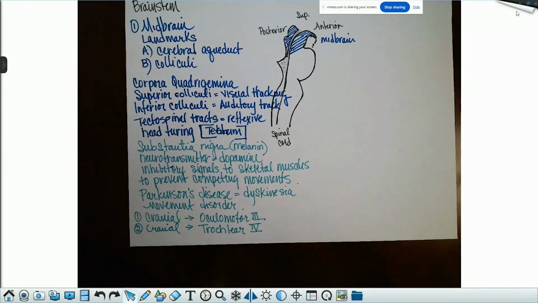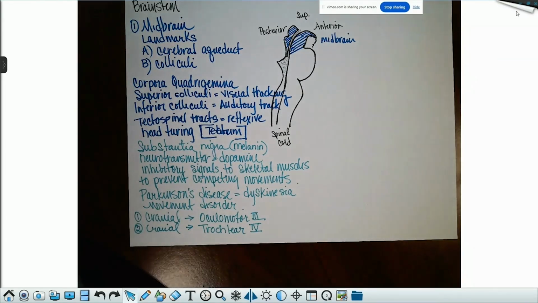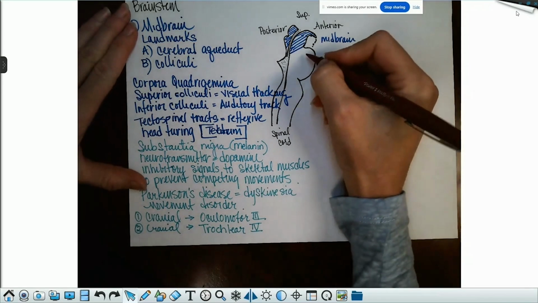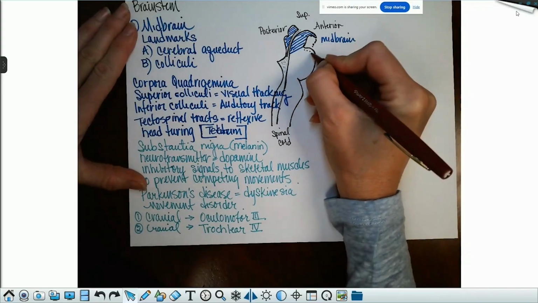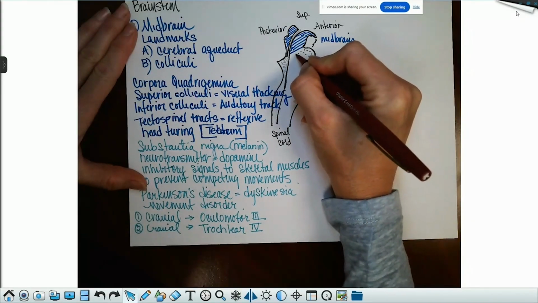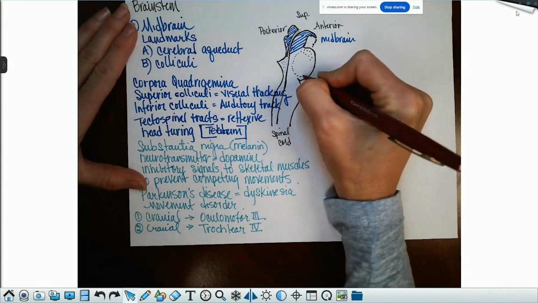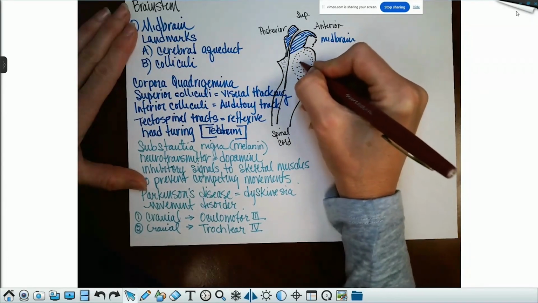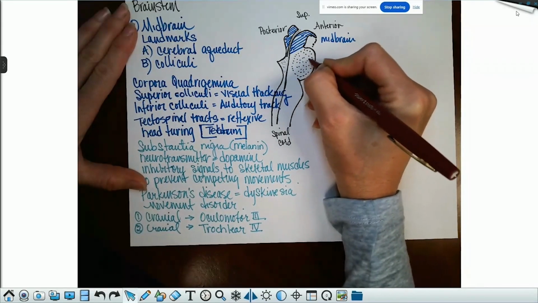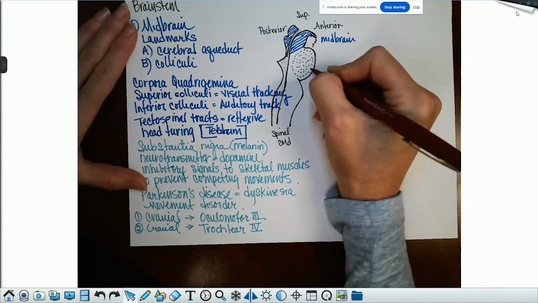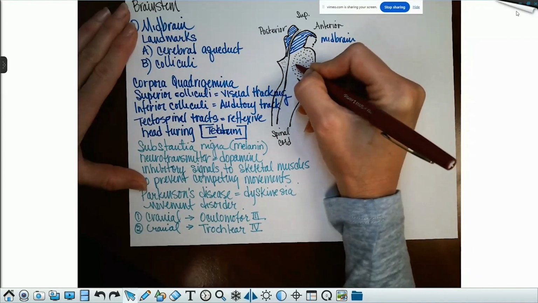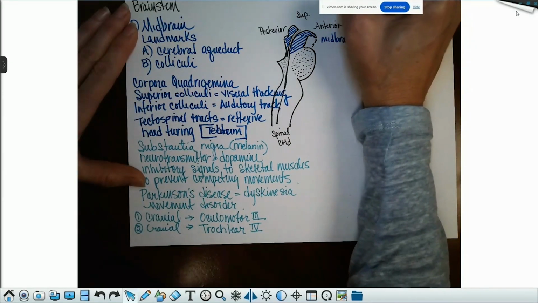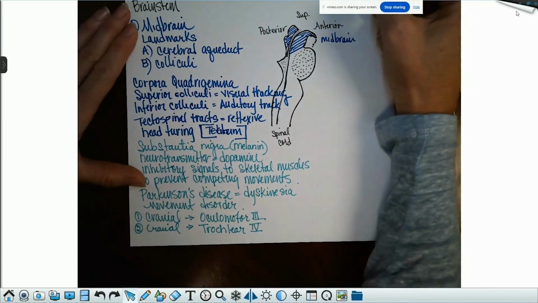All right, let's look at the pons. The pons is this bulge right here. So you'll notice this when we are doing the sheep dissection, the pons. You'll notice that bulge.